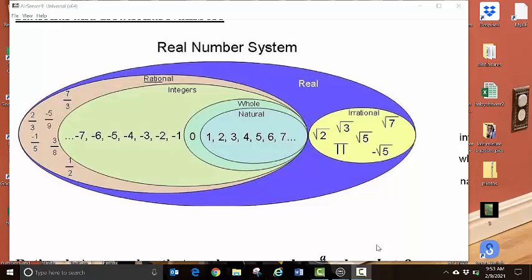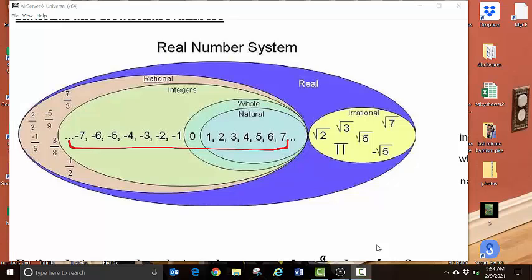Your counting numbers or natural numbers are 1, 2, 3, 4, 5, 6, up to infinity. If you add 0, then it's the whole numbers. If you add positives and negatives, that's the integers.